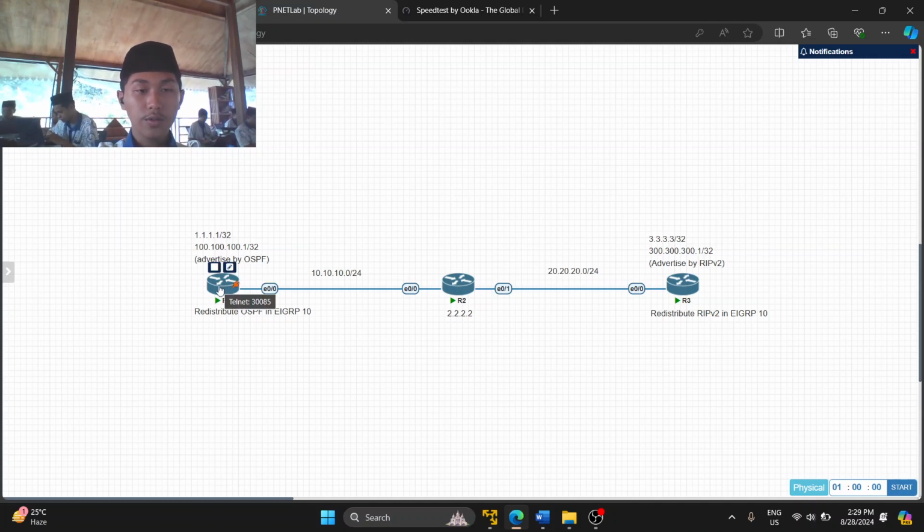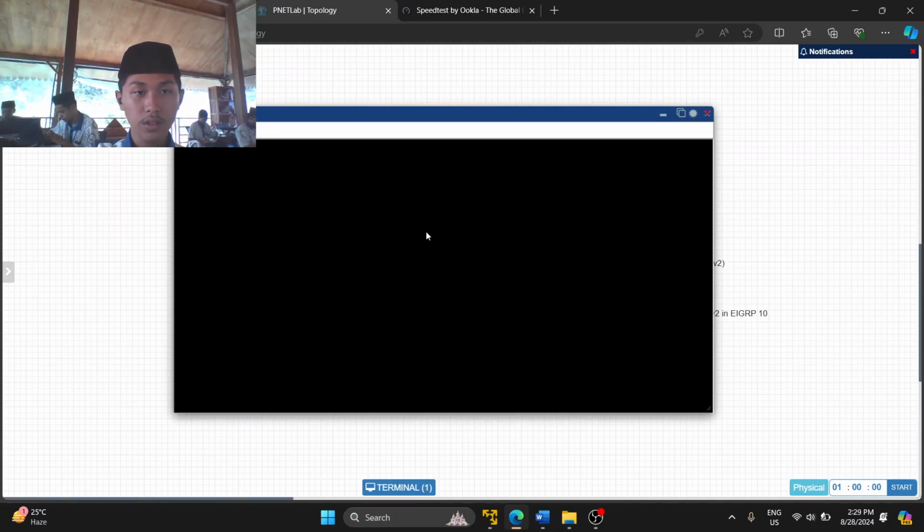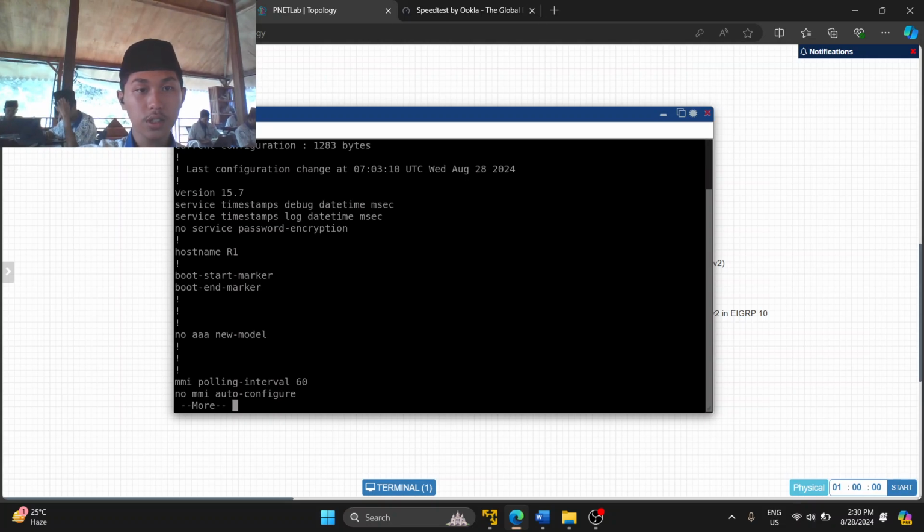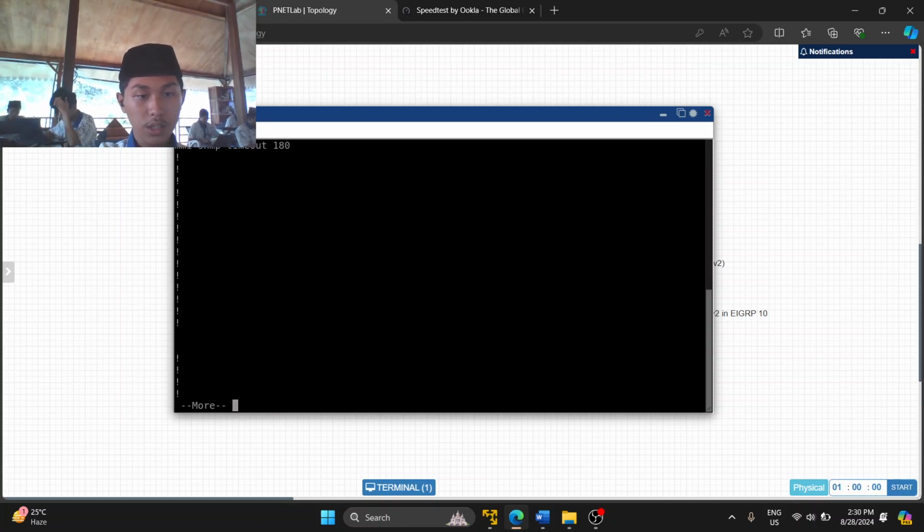Okay, so I have configured all of the routers here. First, let's open router 1. Here, I configured router 1. First, let me show you my configuration. Do show run.